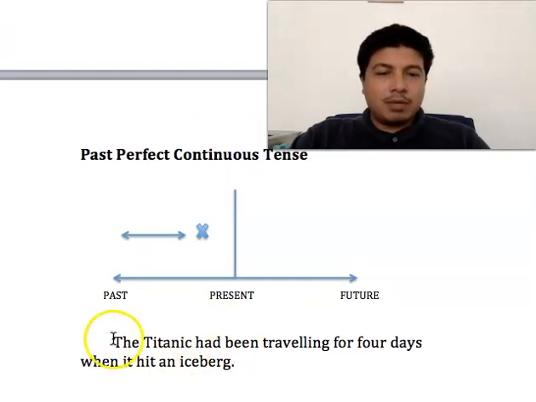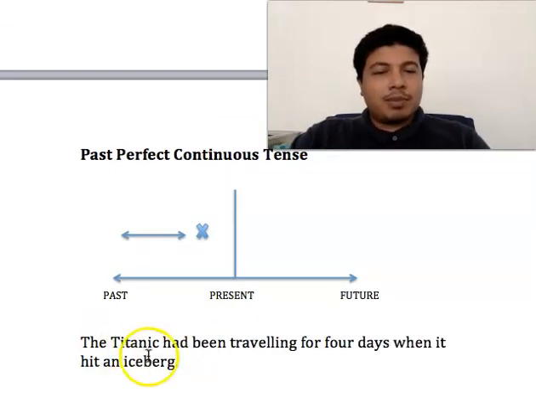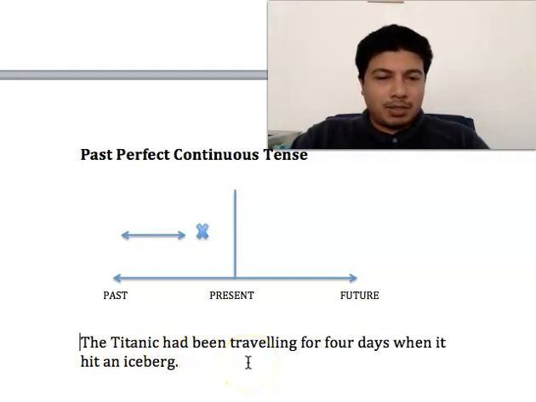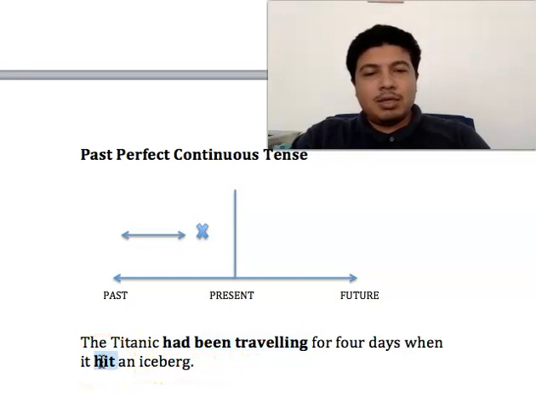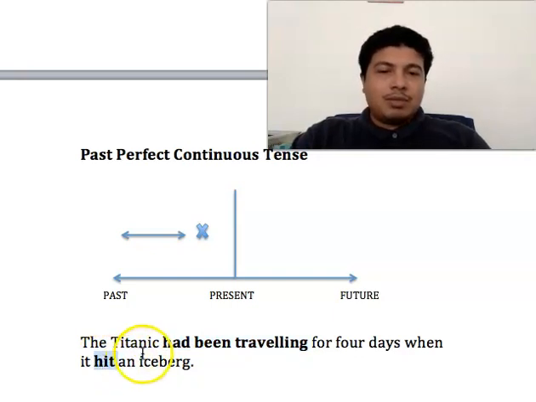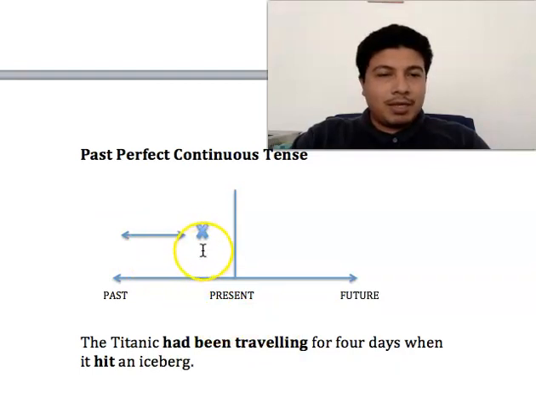So if you take a look at this sentence, how many actions happened in the past? First we have the Titanic had been traveling, and then the second action that happened was it hit the iceberg. Because the Titanic was in the process of traveling and then hit an iceberg, we call it past perfect continuous because it is a continuous action.